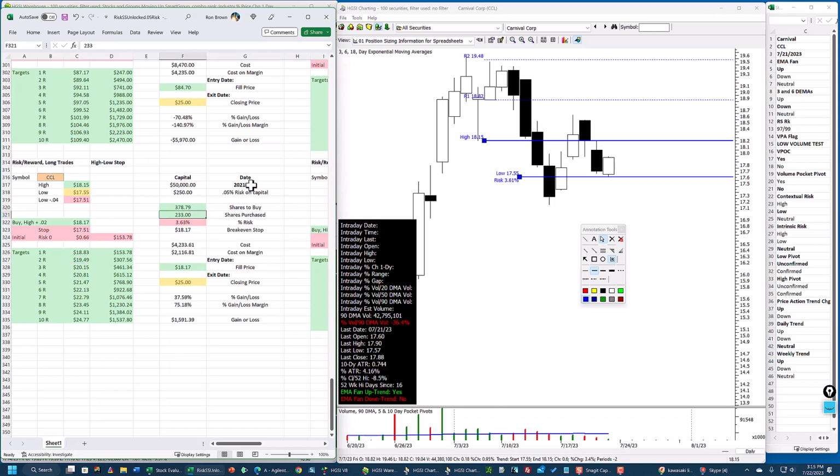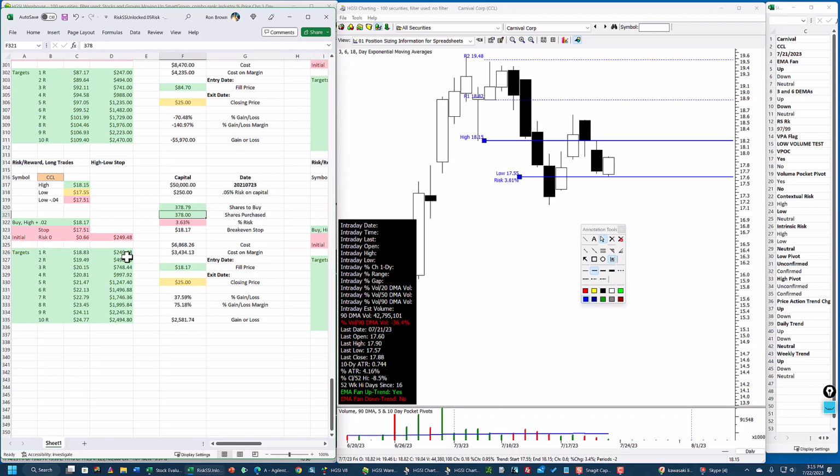I can buy 378 shares now. See, I left it at 233, and I'm only risking 153.78. Let's move this up to 378. And now you can see it goes to near the 250. This is the amount I want to risk. I overlooked that. So I have to put the correct number of shares in.